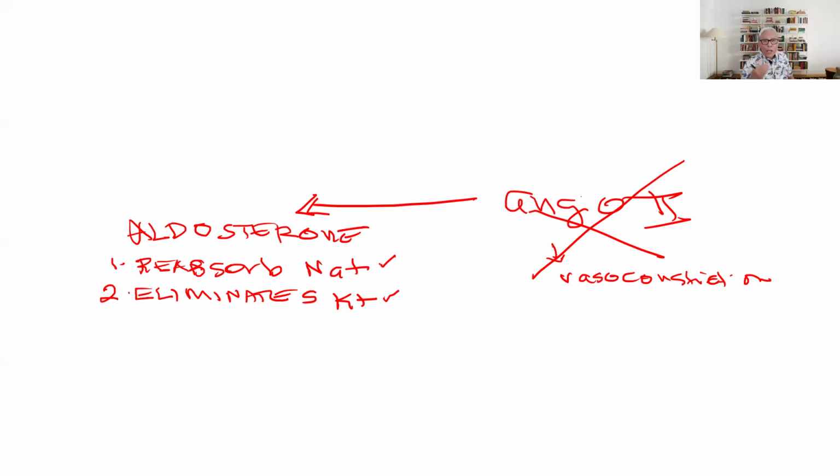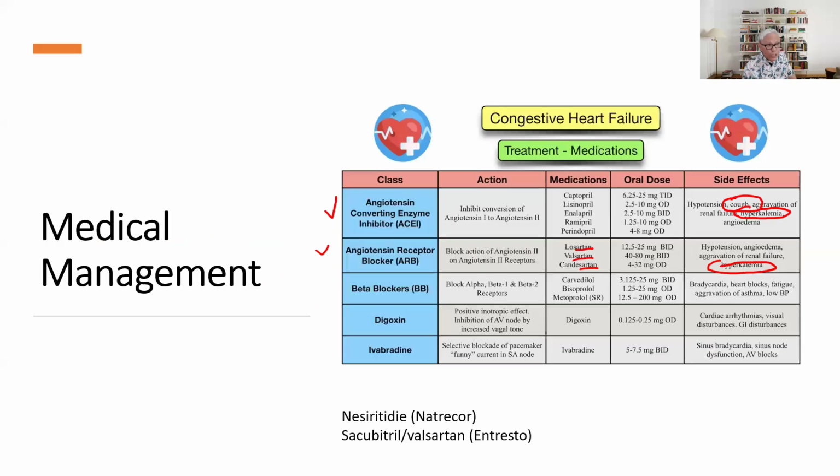So it always is a common question in NCLEX about this hyperkalemia for ACE inhibitors and your ARBs, angiotensin receptor blockers. Remember that you should not teach these patients to increase their potassium intake because hyperkalemia is a side effect of both drugs. All right?